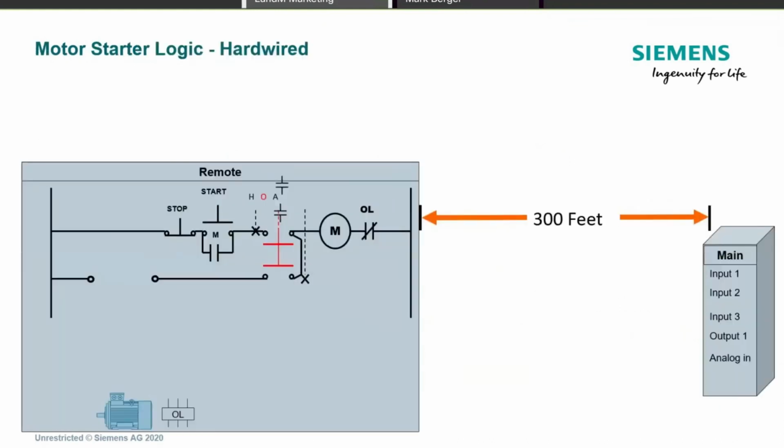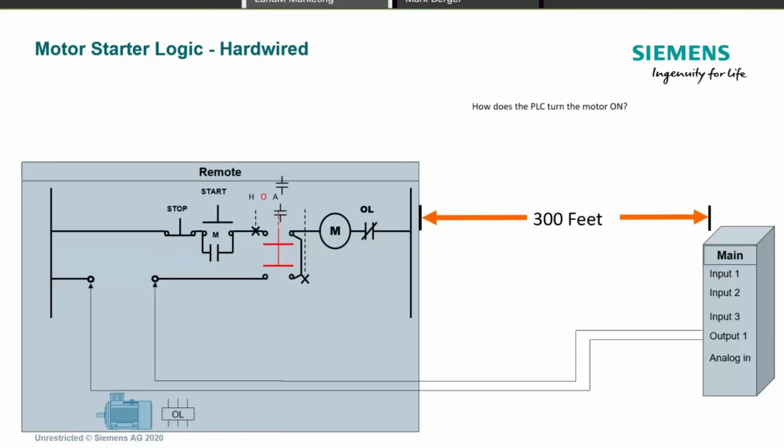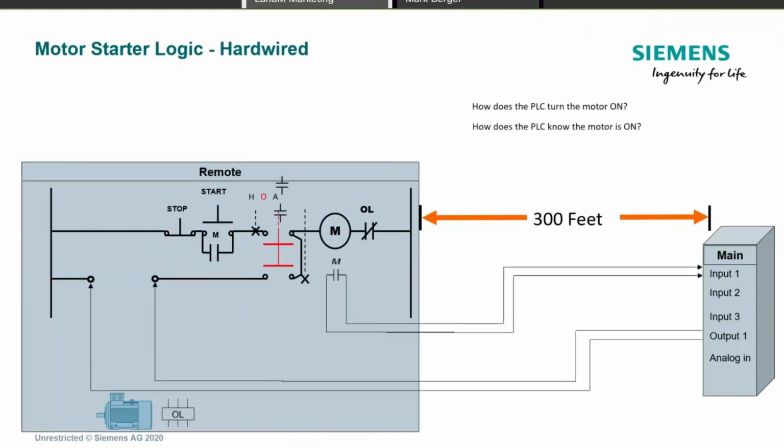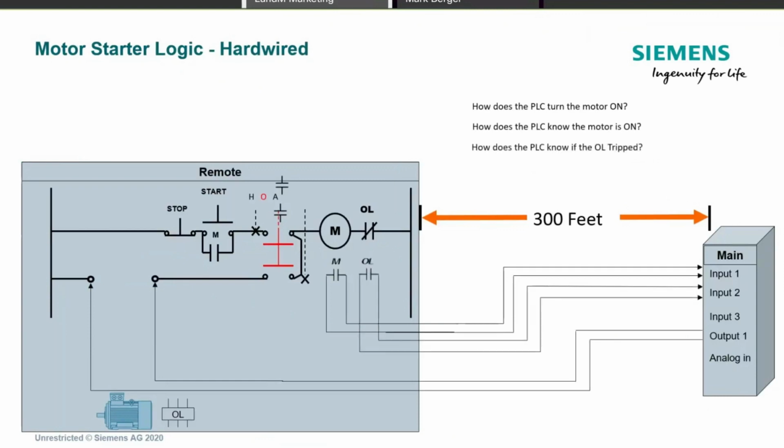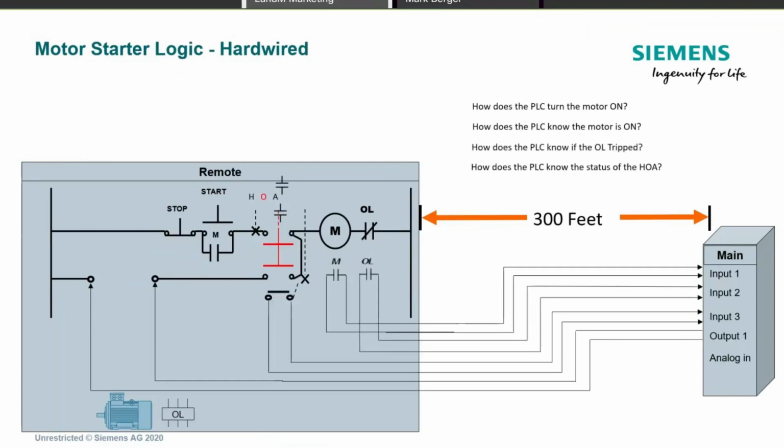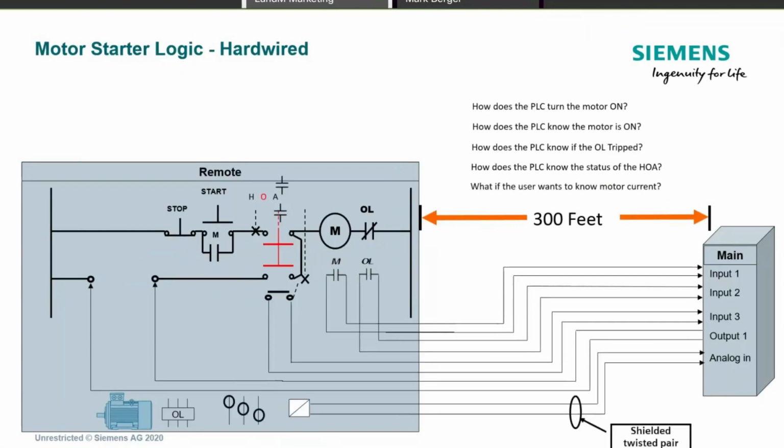So for an example, here's a hardwired motor starter logic. And we're going to wire this up all hardwired. We're putting it into input cards and so forth. We're wiring up the HOA. Notice here are some auxiliary contacts that are going to be required. And then if you're wanting to measure the current that's going on with that motor, you're going to have an analog in.